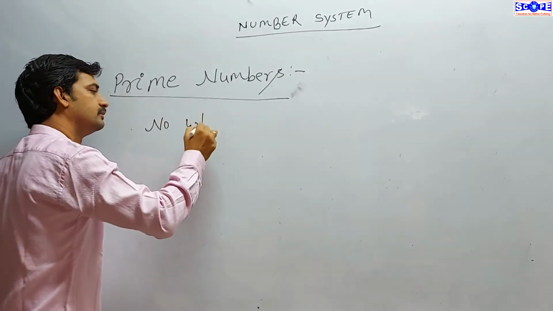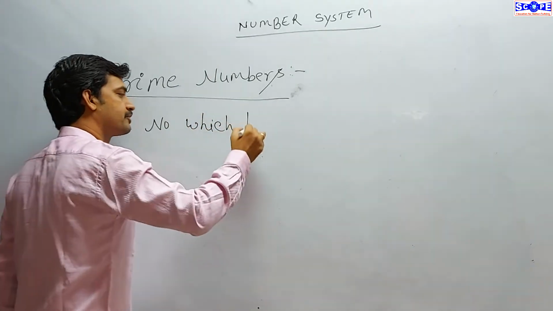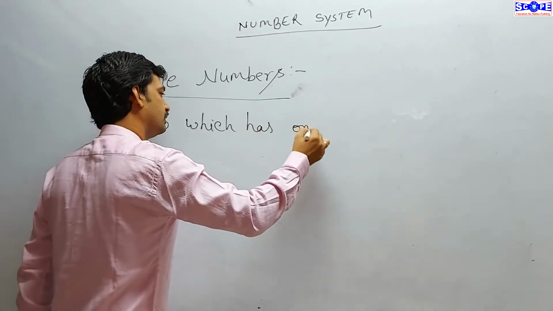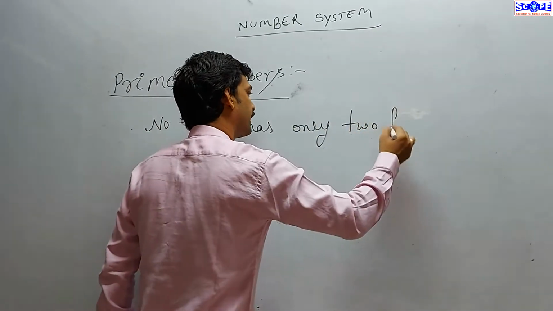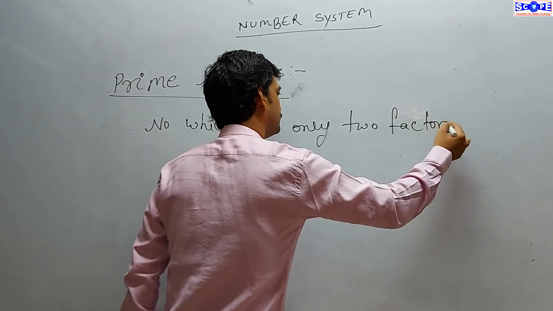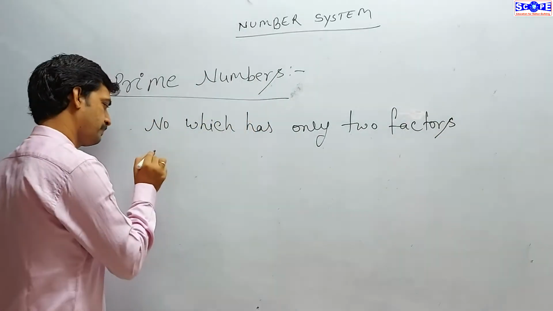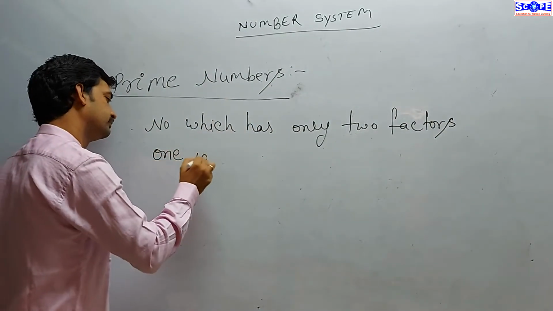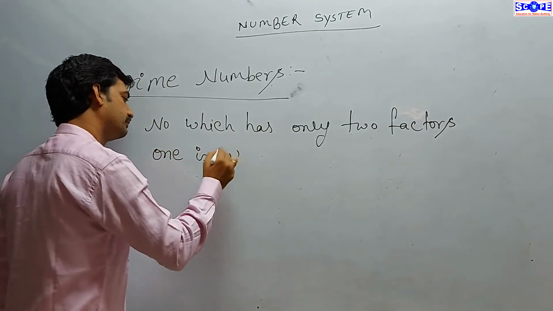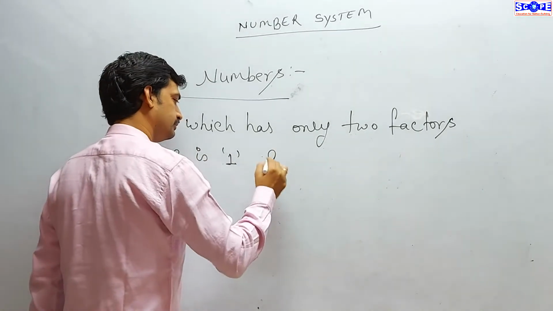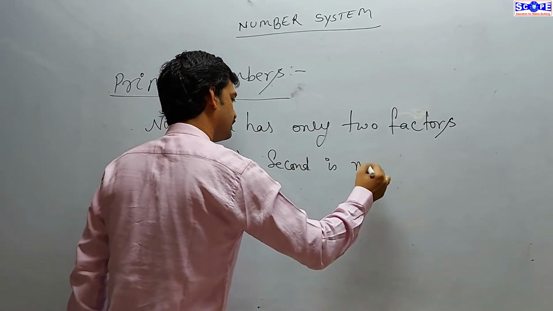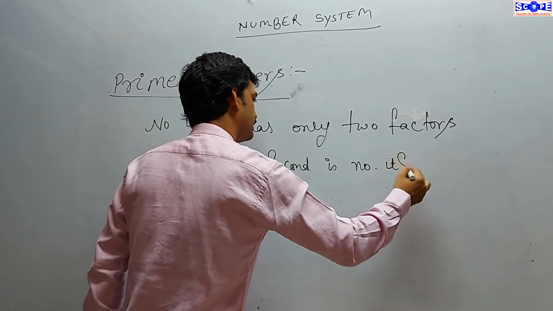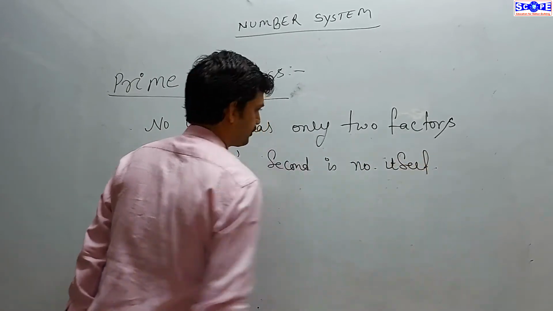A number which has only 2 factors: first is 1, second is the number itself.